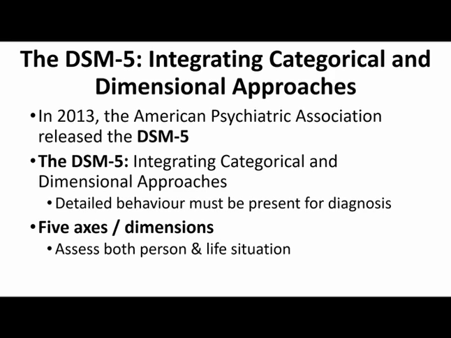Now, the old system, the DSM-4, was a categorical system. So it was basically trying to place people into categories based on different symptoms or behaviors that could be observed. As you can imagine, with categories, people had to fit within a particular box to get a specific diagnosis. And that led to a couple of downsides.